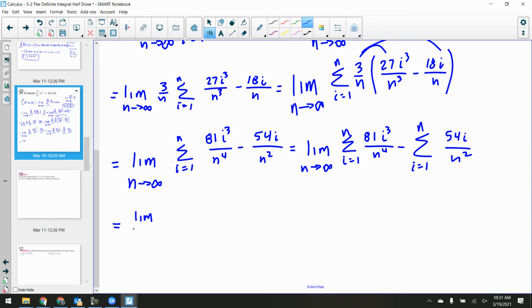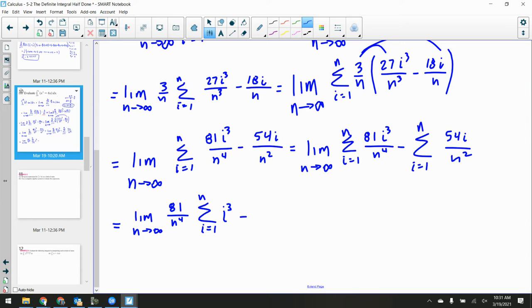So it's the limit as n goes to infinity of 81 over n to the fourth times the sum of I going from 1 to n of just I to the third. Minus, and I'm going to do the same thing.